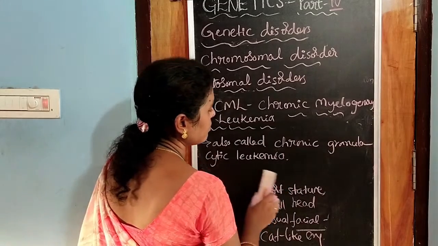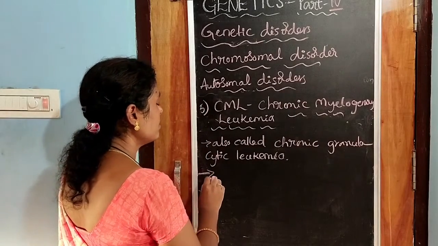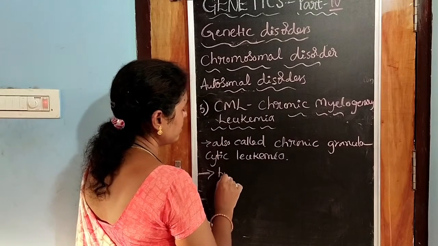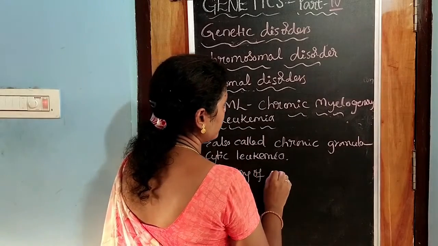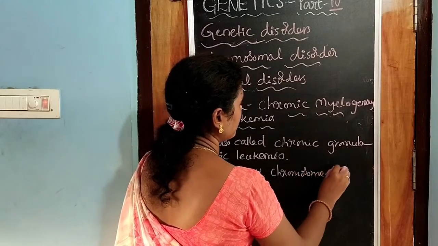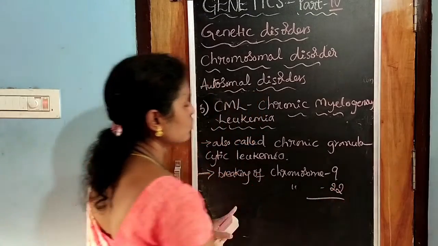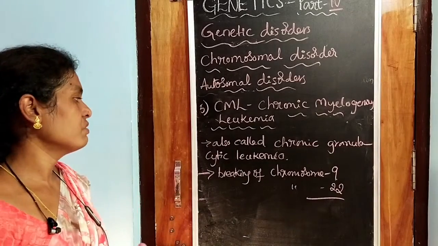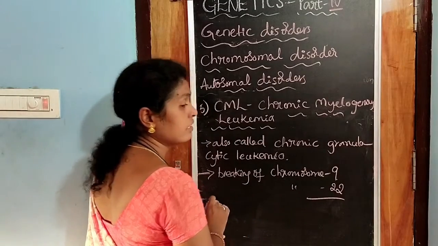So this leukemia is caused by the breaking of chromosome 9 and chromosome 22. These chromosomes break off and switch places with each other, exchange their places, by translocation.